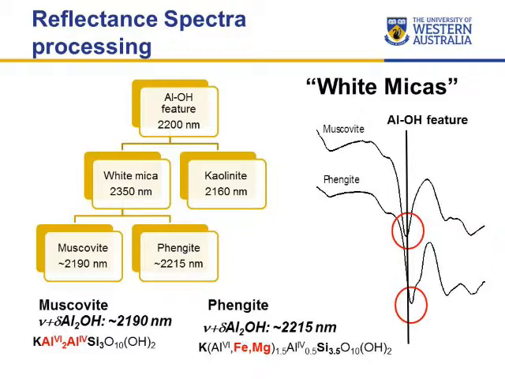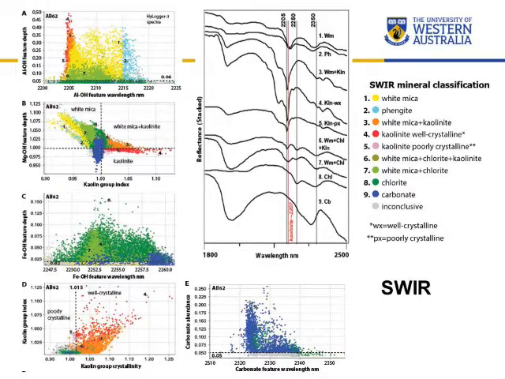How I did it is that I applied, from a coarser scale, the aluminum-OH feature at 2200, which is found in white mica and kaolinite and also aluminum smectite, and then used another filter to separate the kaolinites and white micas from this aluminum-OH group. Finally, by wavelength position, I separated which white micas are muscovite and which are phengite, based on the Tschermak substitution in white mica chemistry.